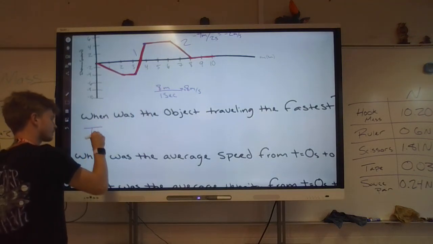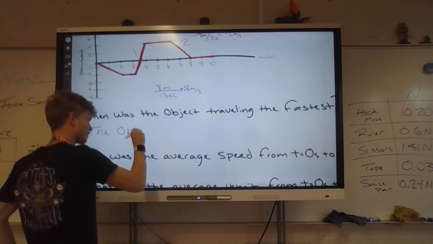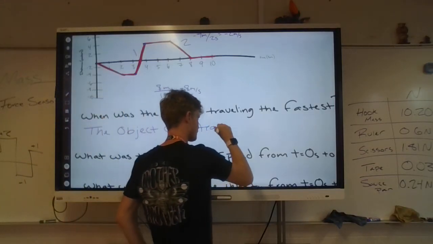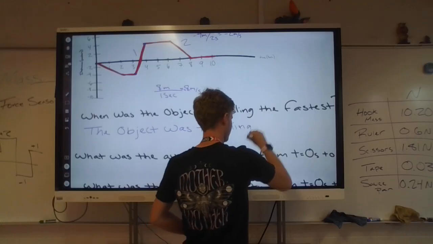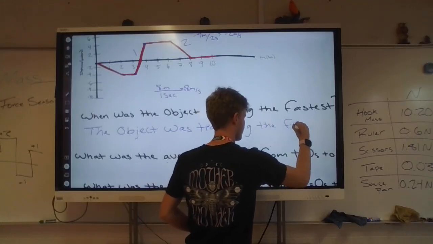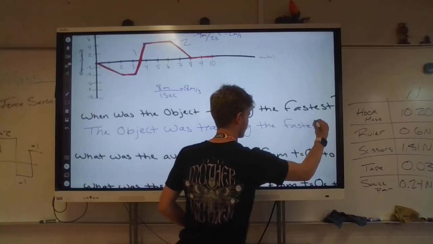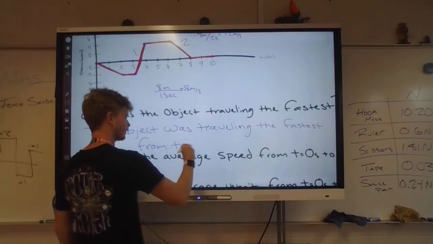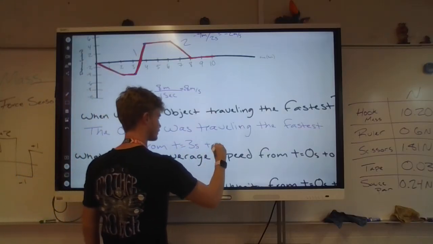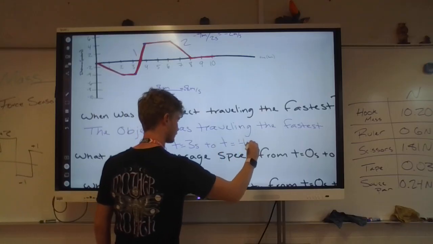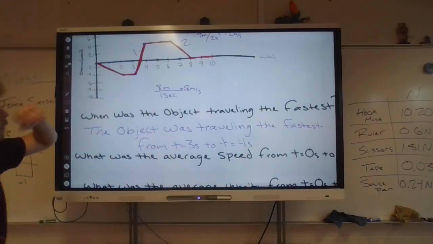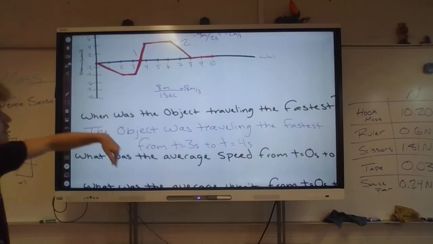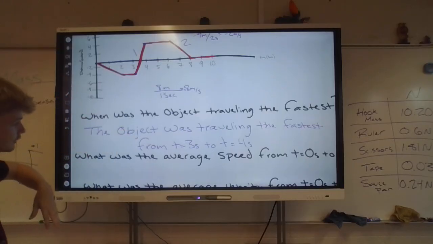So the object was traveling the fastest from time equals 3 seconds to time equals 4 seconds. Okay, that's the most steep line. And so that means that was the time, 3 seconds to 4 seconds, when the object was traveling the fastest.